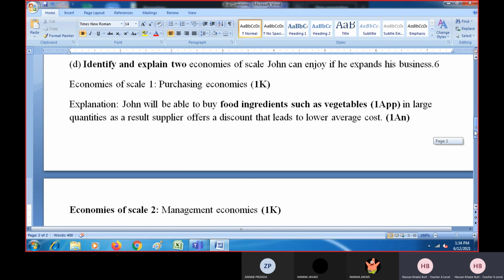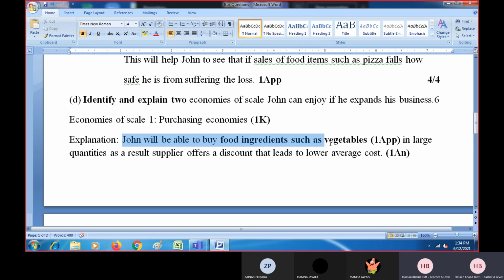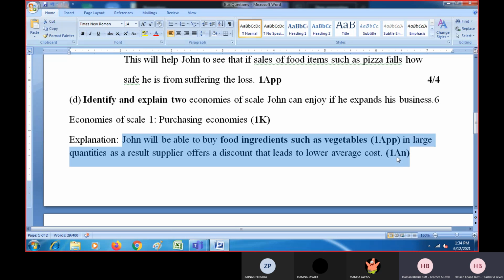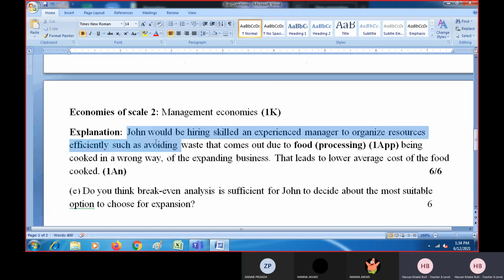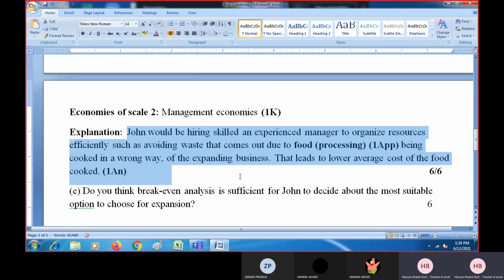So in both cases, if you see, John, this is the whole analysis, right? And inside that analysis, we have used the application, the bold one, right? Similarly, this is the whole analysis, and inside the analysis, we have used the application as well. The bold one, right? So this is how we are able to get 6 out of 6.